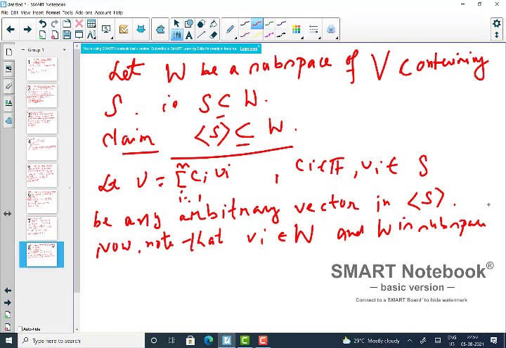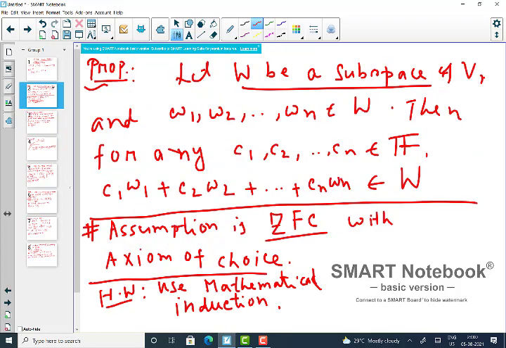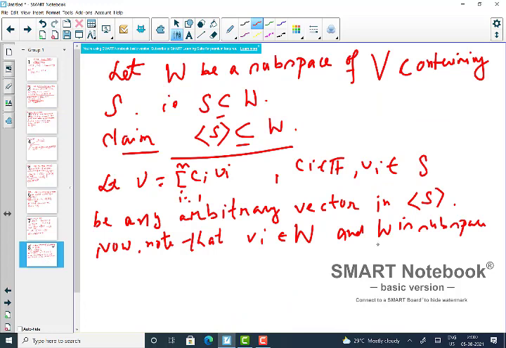Now you recall that I just proved one property, that if W is a subspace, then any such sums will again be an element of W. So thus v, which is summation c_i v_i, the sum of elements of W, has to be again inside W. I chose an arbitrary element, so that implies that the span of S is a subspace of W.